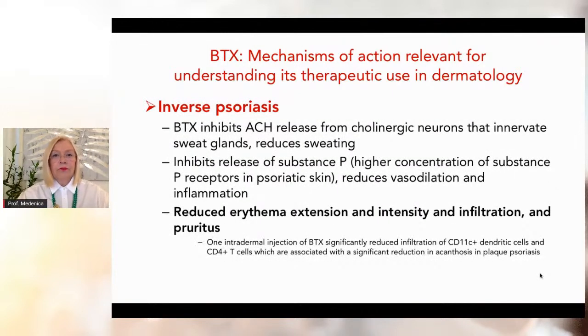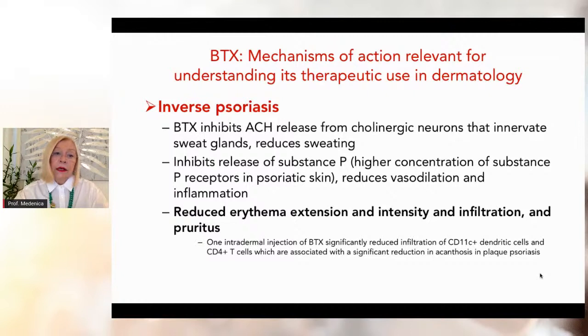Also, some authors try Botox intradermally in inverse psoriasis, taking into consideration that botulinum toxin inhibits acetylcholine release from cholinergic neurons that innervate sweat glands, reducing sweating.